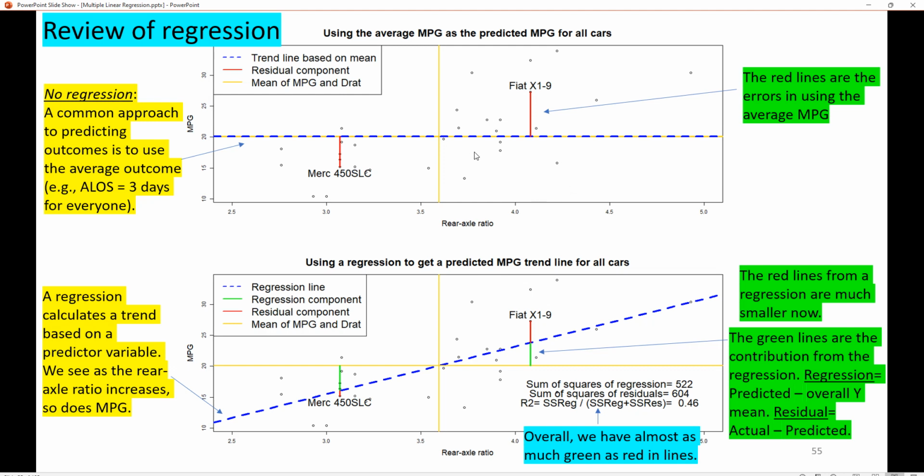And so if we use our overall mean, which happens quite often, we can see that the distance between each car and that expected line, the trend line, that blue dashed line, that distance between the actual value for these 2 cars, we see that red line representing the distance or the residual between each car's actual value and the overall mean that we're assigning to all cars.